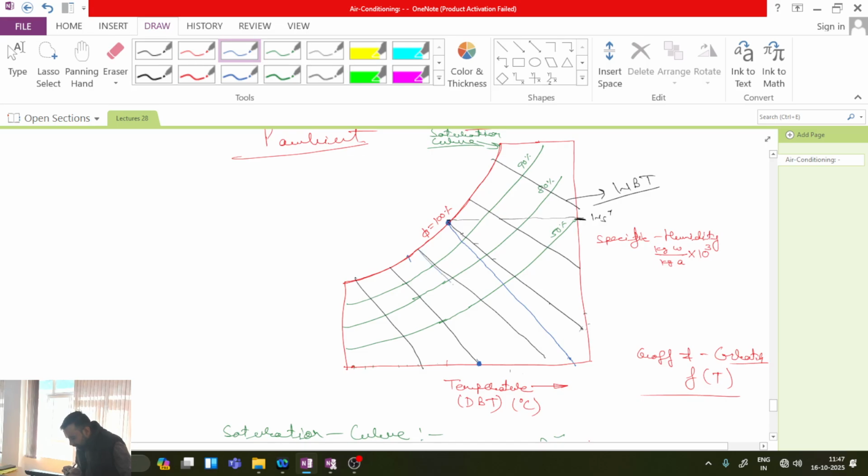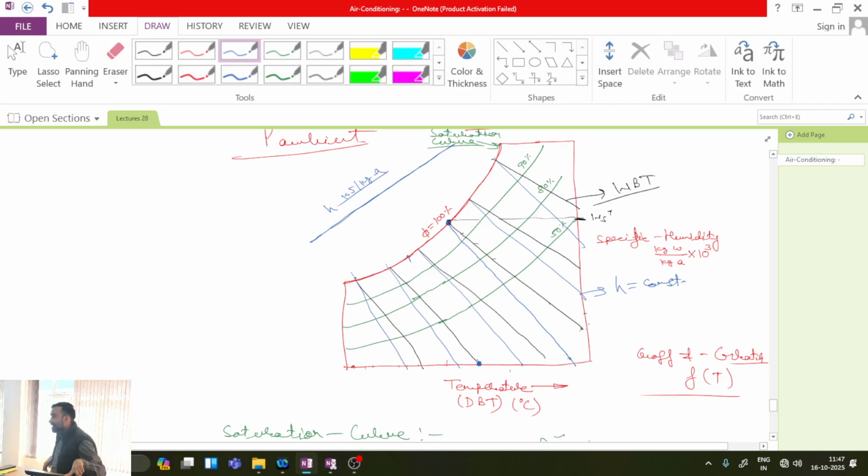So all these lines, the blue colored lines, are constant enthalpy lines. Usually on a psychrometric chart, you will find an inclined scale over here, and that inclined scale represents enthalpy in kilojoule per kg A, meaning kilojoule per kg of dry air.